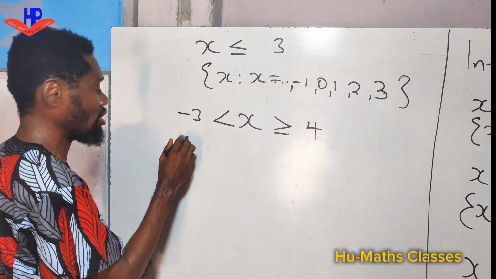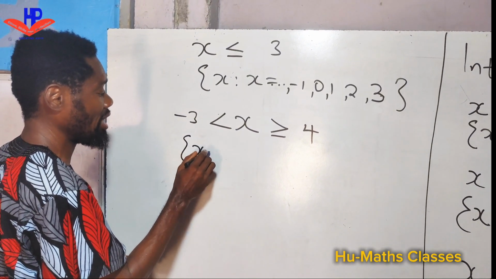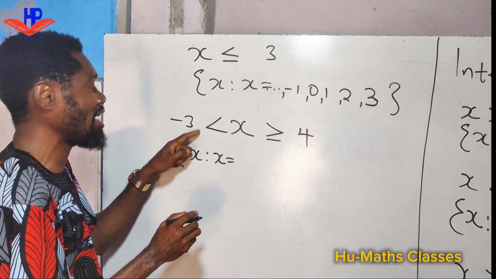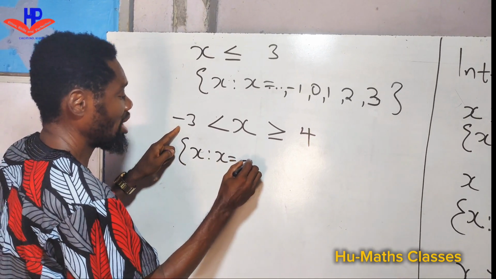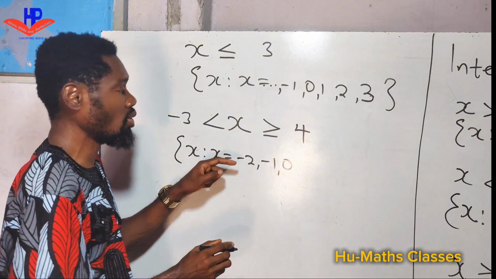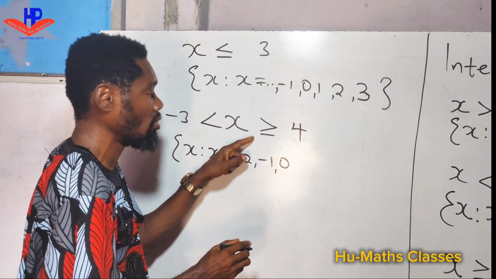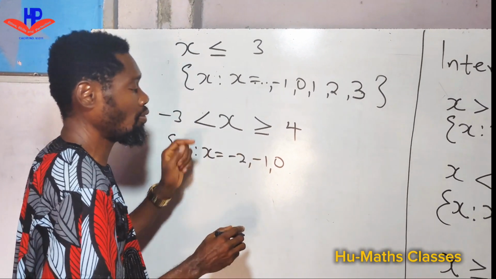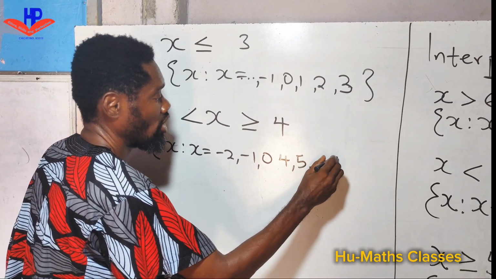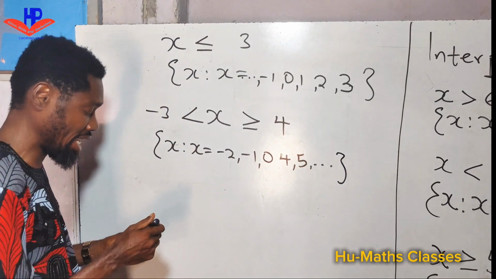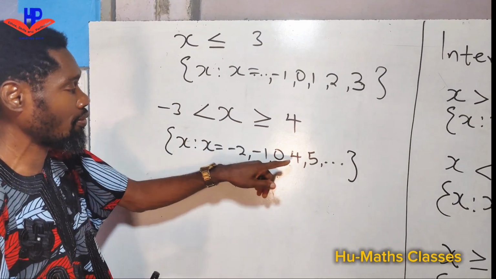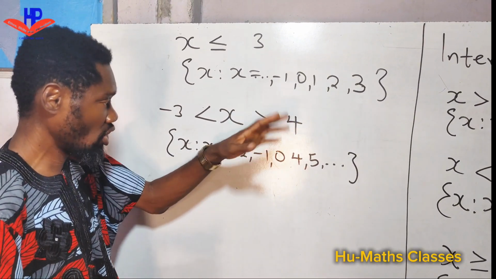This will give us a set of numbers for which x will be equal to numbers that are greater than -3: -2, -1, 0. And we also have it that x is greater than or equal to 4. So we start from 4, 5, and I cannot exhaust the numbers that will come after 4 because x is greater than 4 and also equal to 4.